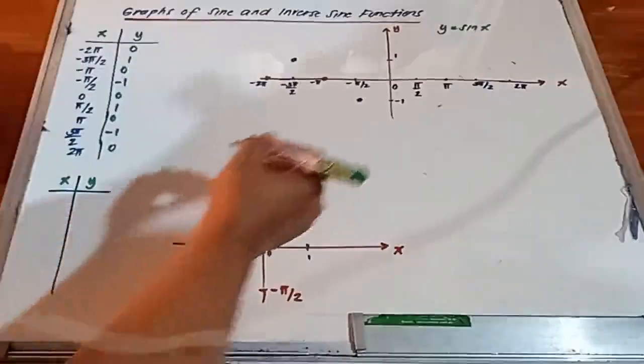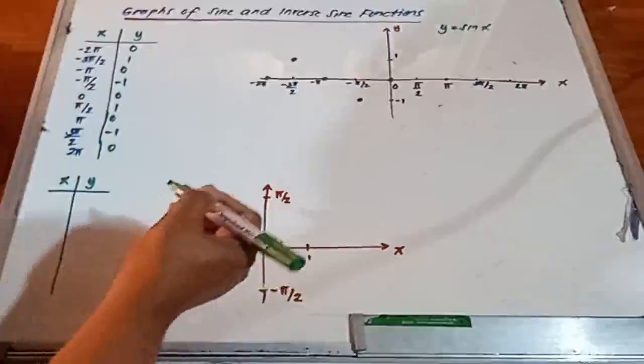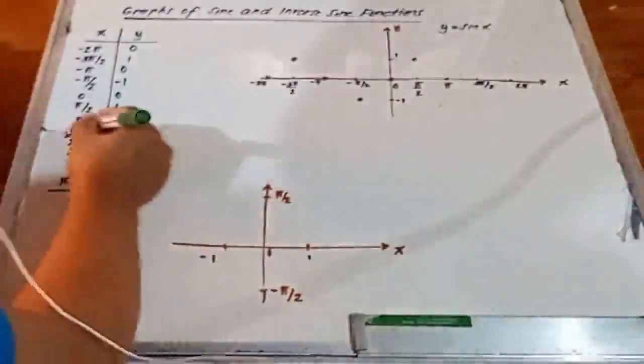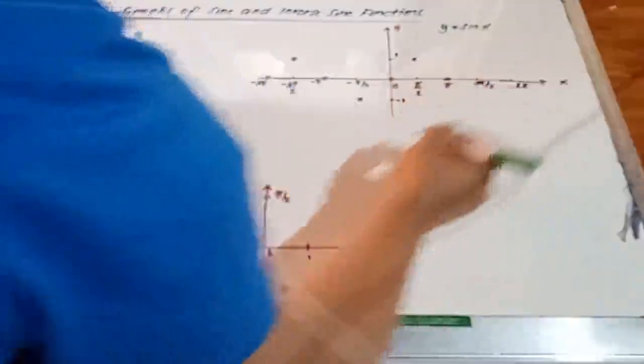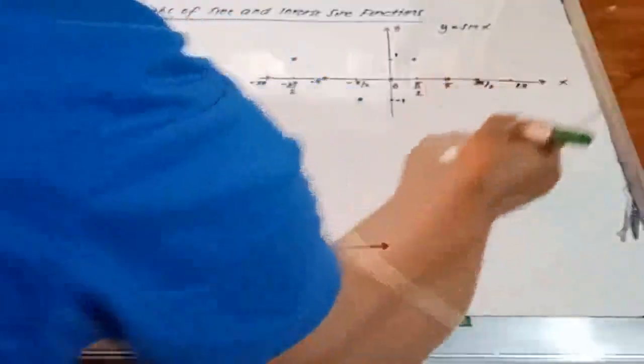And then, 0, 0, nasa ating origin. Pi over 2, 1 here. And then, pi, 0 here. 3 pi over 2, negative 1 here. And 2 pi, 0. So, sketch natin yung graph niya.